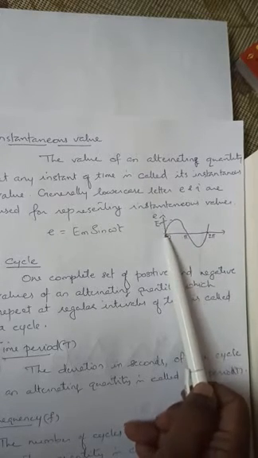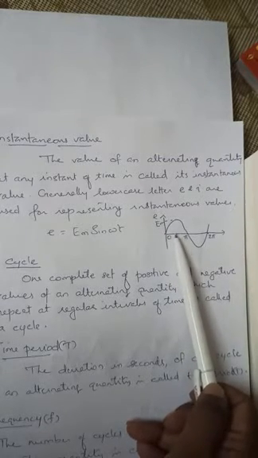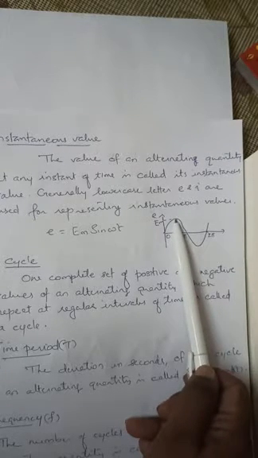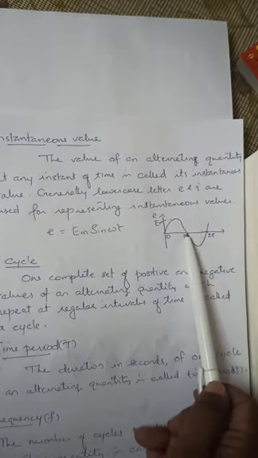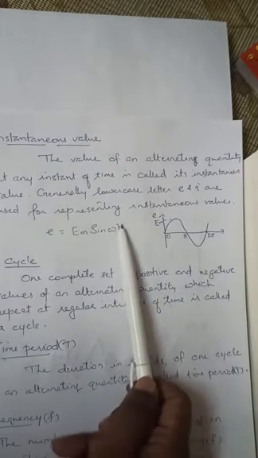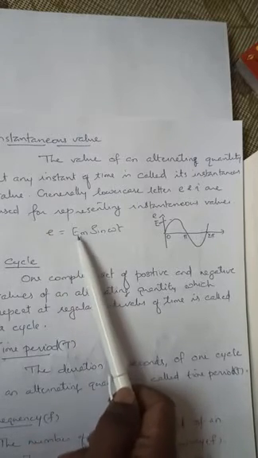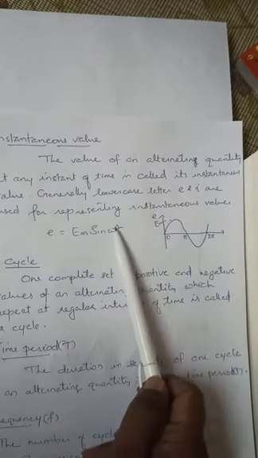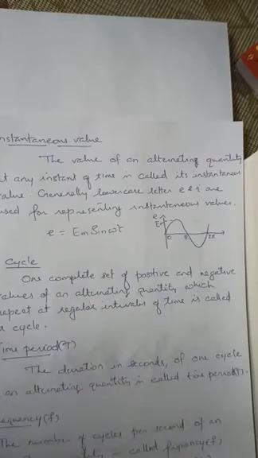The EMF value is 0. Here at this time, the instantaneous value of the voltage is maximum, that is Em. At this instant, the value is equal to 0. Like that, at any instant t, you can find the instantaneous value e using the equation Em sin omega t by substituting the values of Em and t. You will get the instantaneous value of the voltage e.